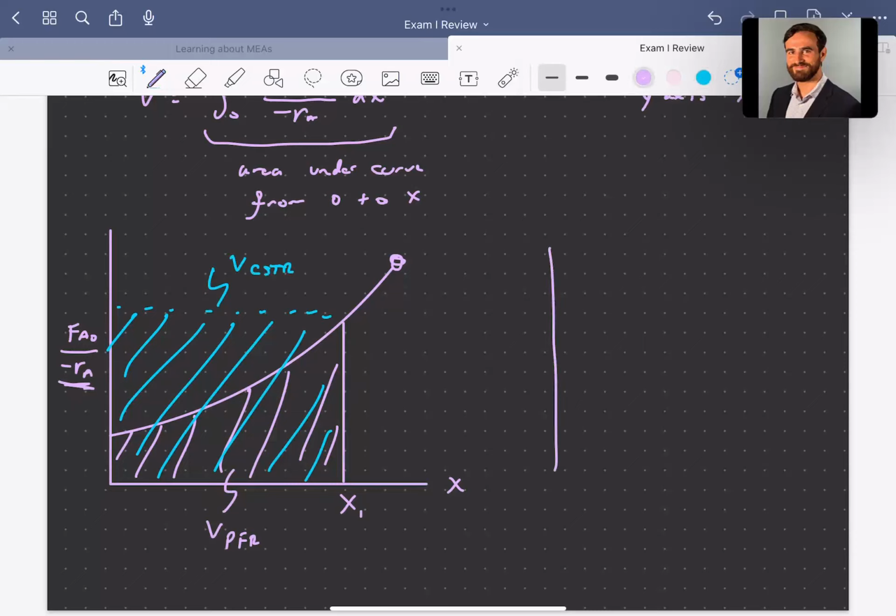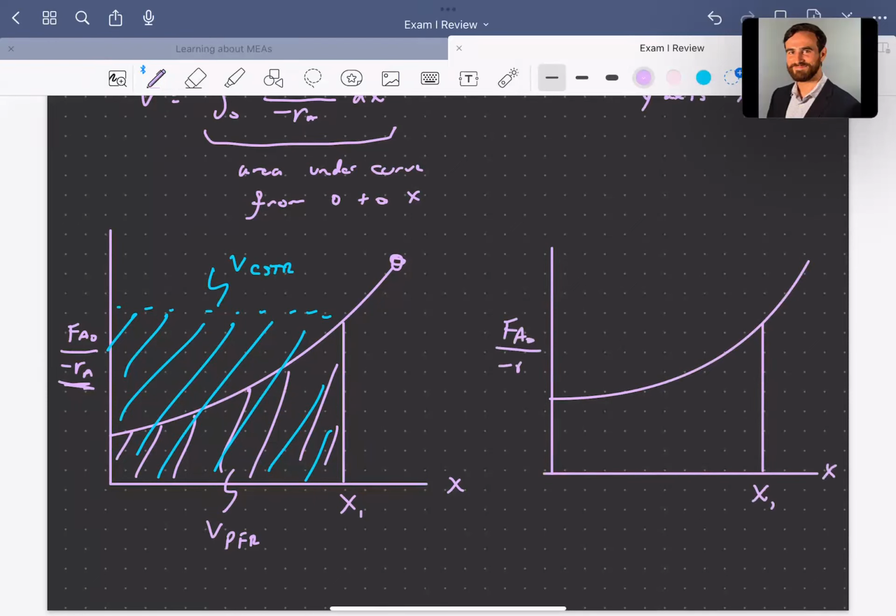So you can also see that with a large number of CSTRs, say if I had the same sort of Levenspiel plot, and instead of using one CSTR to get to some conversion X1, I used a number of CSTRs, the volume might look something like this.